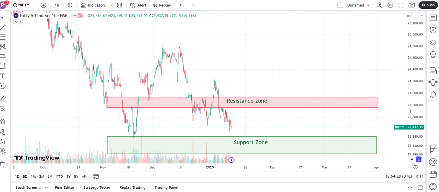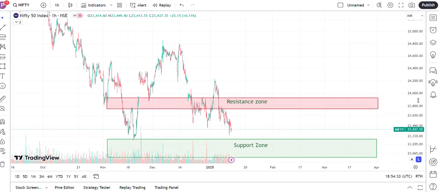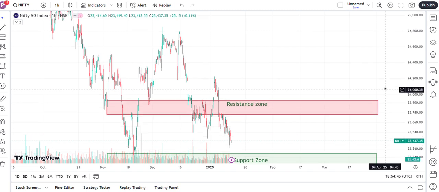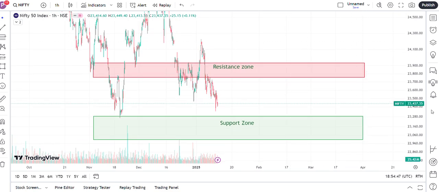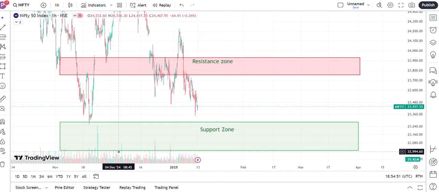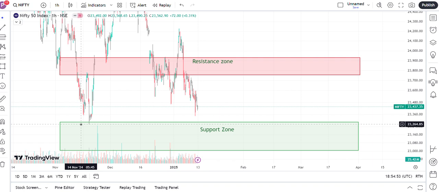If you look into the chart, what is happening is that this month's low, which was there in the first week of January, that is around 23,460, got broken now. If it is getting broken, where can we take the next support? The last low was 23,264.